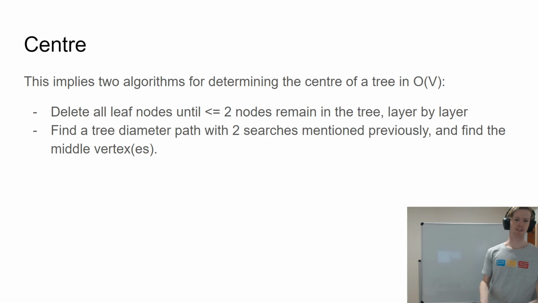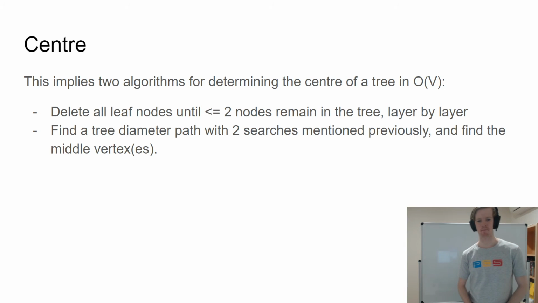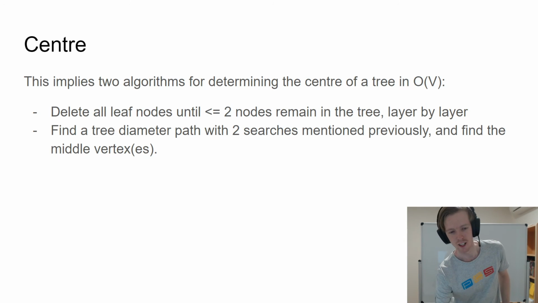Or we find the diameter with the two searches that I talked about before, and then take the middle node on that path. If you want to speed it up and not do three searches, you can technically use a lagging pointer in the second search, so you only need two searches rather than having to traverse the path to find the diameter or store that path. Cool.